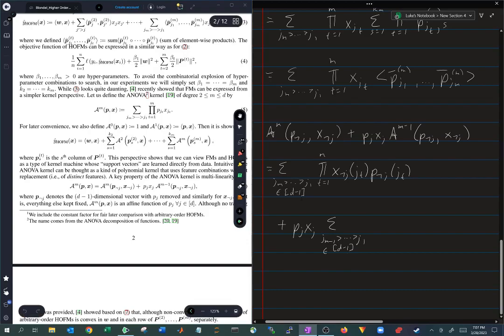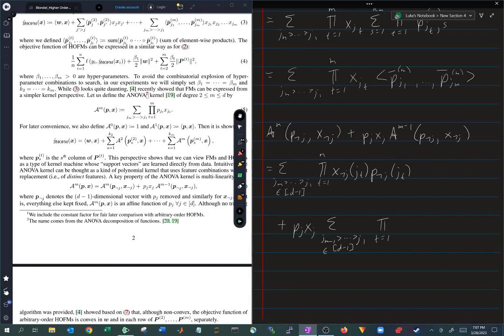Here, this is A_(m minus 1), so we need to have m minus 1 j's in this sum. And then we have the product from t equals 1, going up only to m minus 1. And now this is going to be x without j, evaluated at jt, and then p without j, evaluated at jt. Okay.